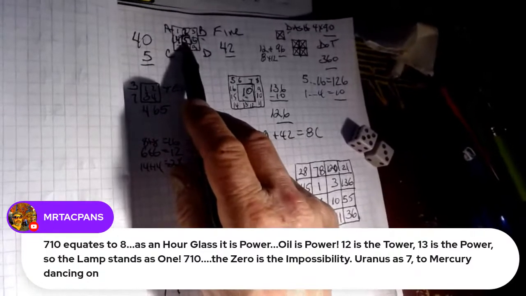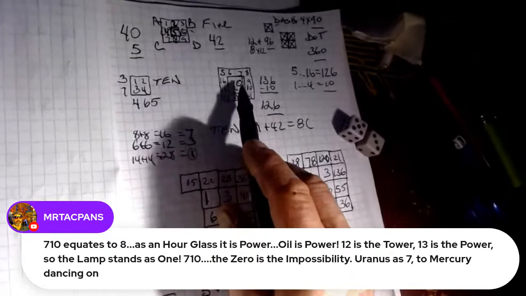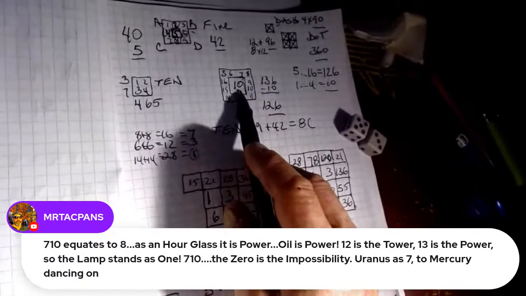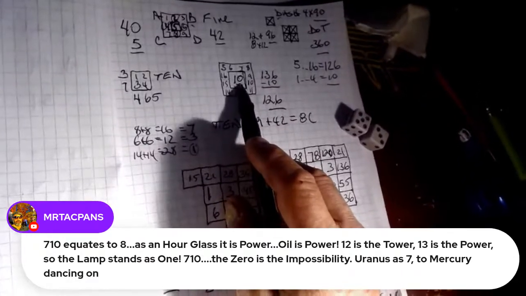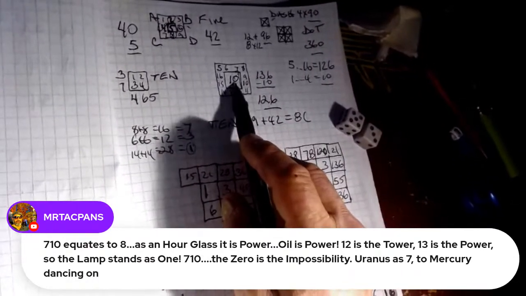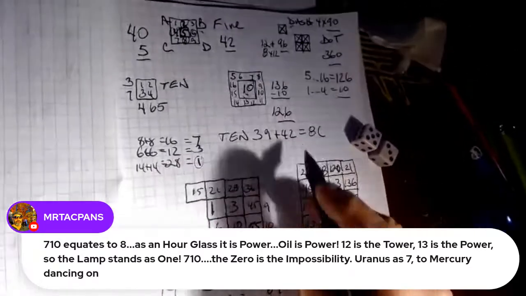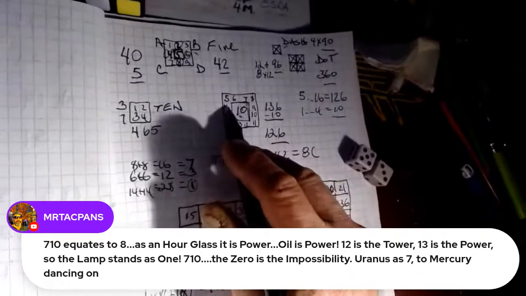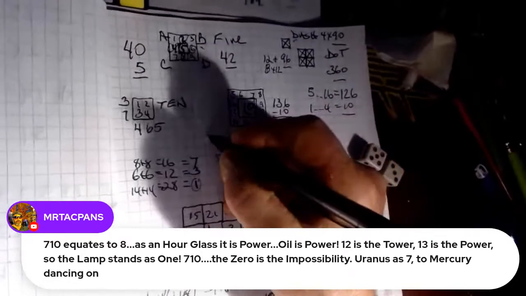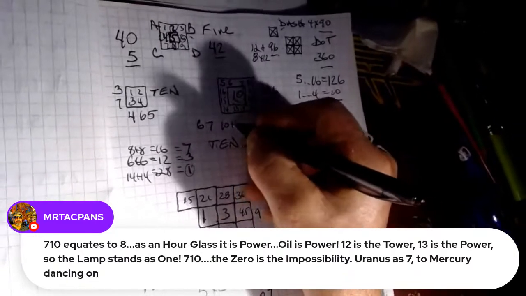It's a single area. I do not realistically know which numeric number this is, so I added them all up. 1 plus 2 plus 3 plus 4 equals 10. Why did I start 1 over here? Should I have started 1 over here? If I would have started 1 here, 1, 2, 3, 4, 5, I would have gotten 6, 7, 8, 9, 10 and 11.